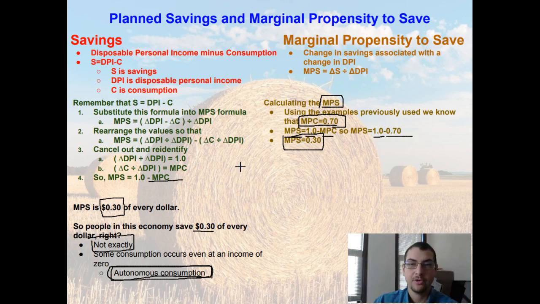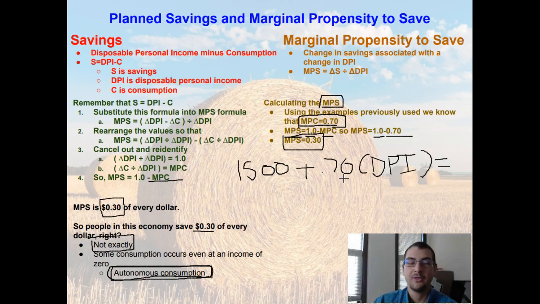So think about it this way. What if you need $1,500 to live? You absolutely need $1,500 to live. And then as your income increases by, say, 70 cents of every dollar that you make, that's how much you're going to consume.